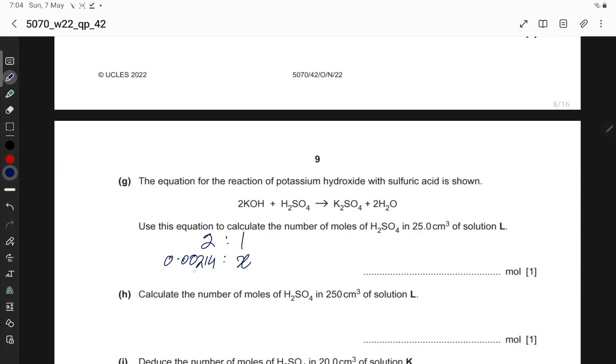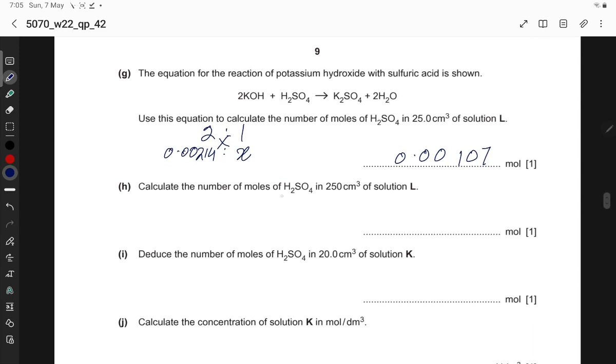We have the moles of potassium hydroxide, so by cross multiplying we can calculate the moles of sulfuric acid. So this is 0.00107.